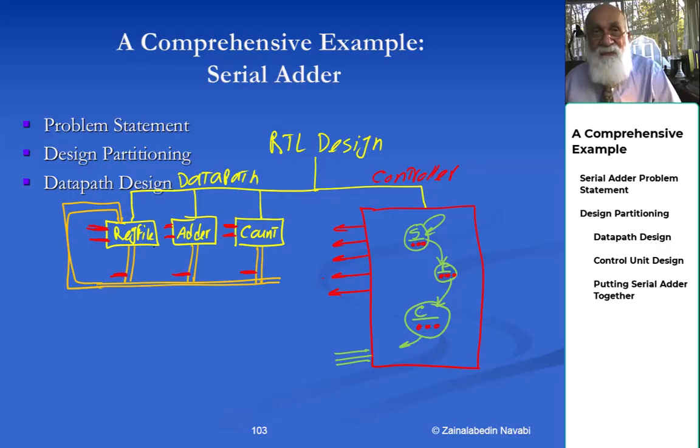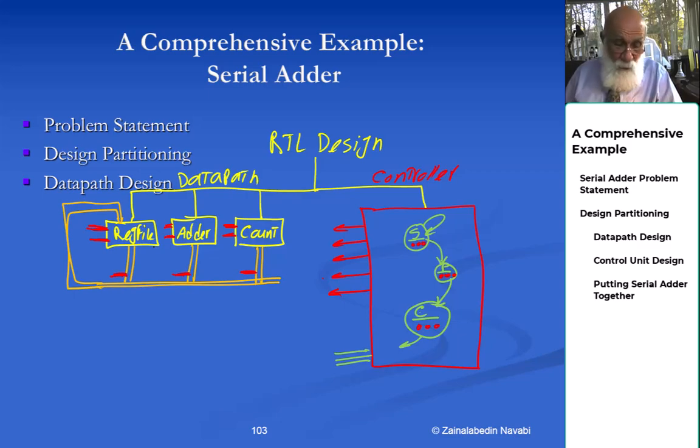The data path has signals that is waiting for decisions made in the control unit, and based on those decisions, things in the data path happen. The bulky part of my design is the data path, but the thinking part of my design is the controller.